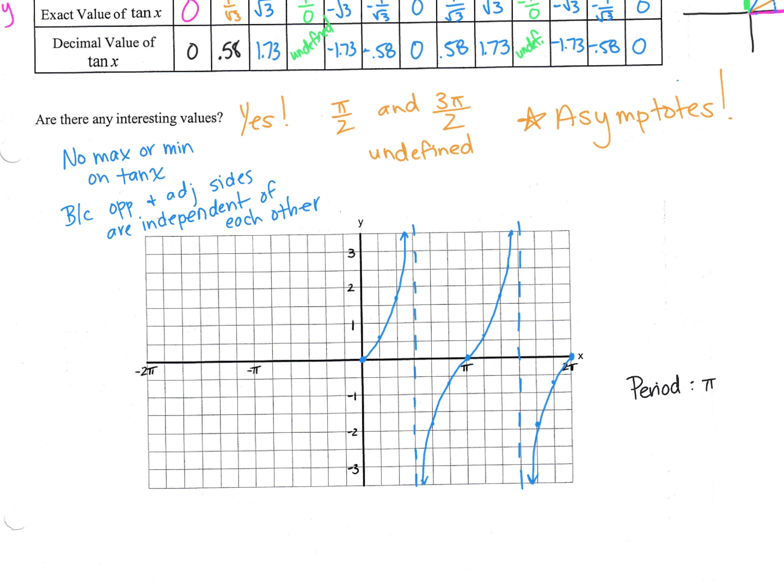So as a result, we have no amplitude on our tan curve. So why is there no amplitude? Because amplitude's half our height, where we take our max minus our min divided by 2. We have no max and no min to subtract and divide by 2.